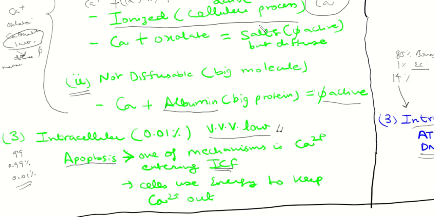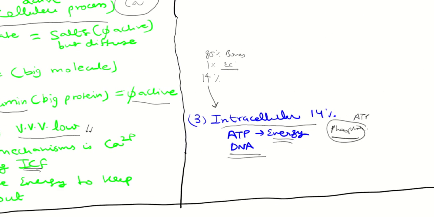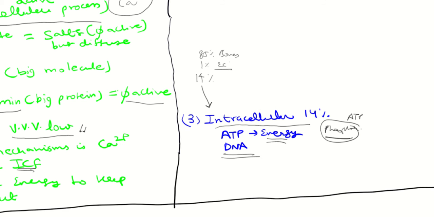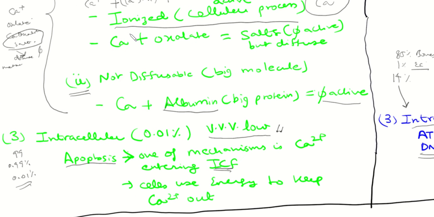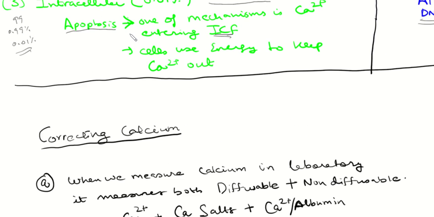The big change was intracellular, where you don't have any calcium because any calcium inside would lead to apoptosis, but phosphorus is quite a bit in the intracellular space. Okay, so that's calcium and phosphorus and where they are in the body and how much.